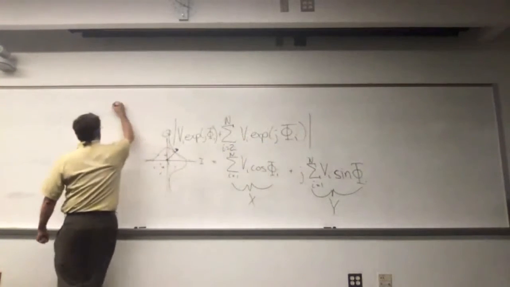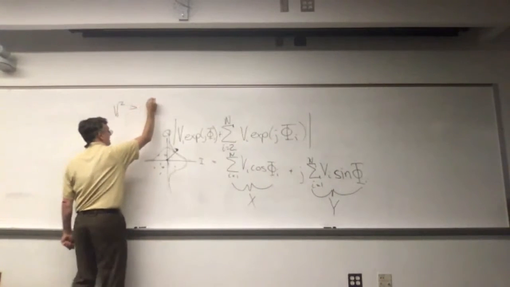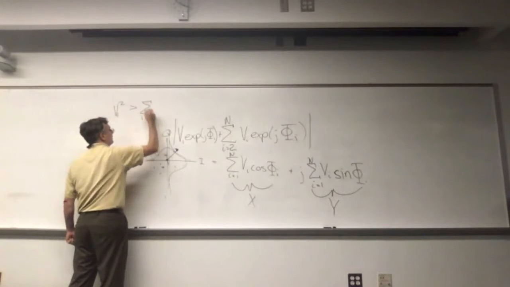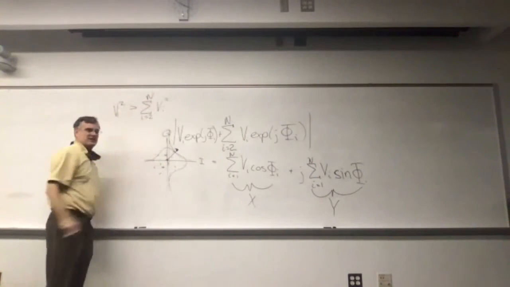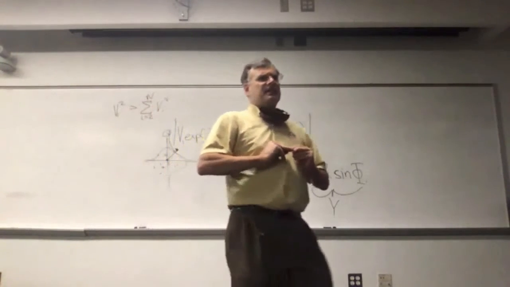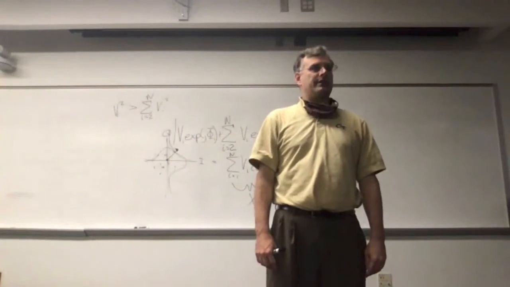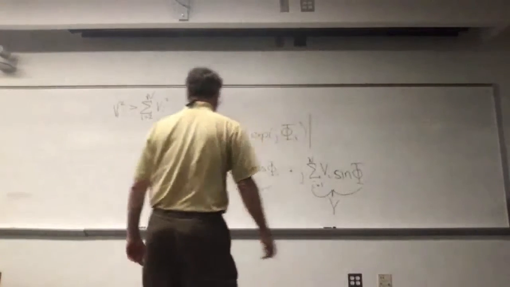So if V1 contains more power than the sum of the remaining components, I'm going to write that expression like this because V squared is proportional to power. If this condition holds, then I start to break the central limit theorem. What does that look like for this problem?